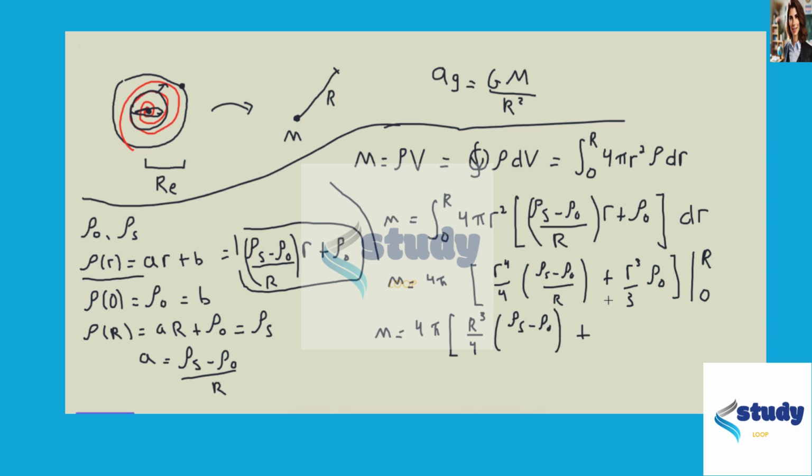And then we have plus just R to the third over 3 times rho naught. And then we can see when we plug in 0 for r, this whole term is just going to be 0.